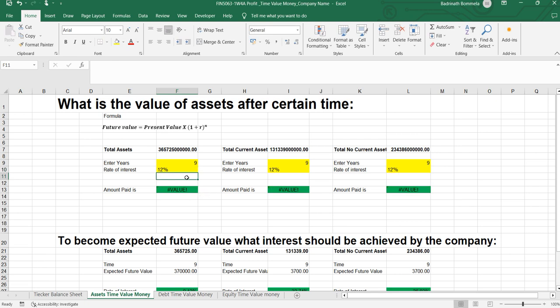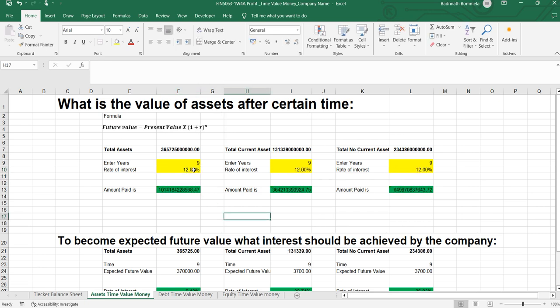So I set the rate to 12%. Now we can see that after 9 years, if the value increases at the rate of 12%, means if the rate of interest paid to the assets is 12%, the amount will become this. Okay. So this is how we can calculate time value money.